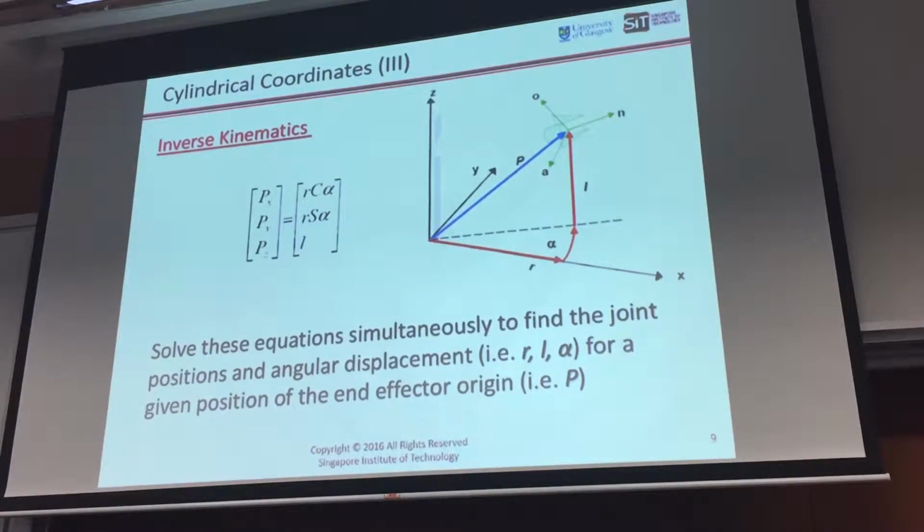Now R will always be positive. It's from 0 onwards. You cannot go negative. Your radius is always zero or positive. So this will always be a positive term. That's why you can determine the signs of your cosine alpha and sine alpha. Let's say my sine alpha is positive, my cosine alpha is positive.